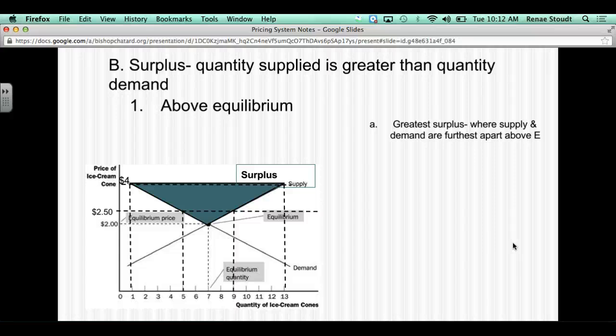The further away from equilibrium you get, the more the surplus. Cool. You with us? Yeah. In order to determine exactly how much of a surplus there is, you have to subtract the supply from the demand. So you subtract 13 minus 1 to give you 12 ice cream cones sitting there melting.